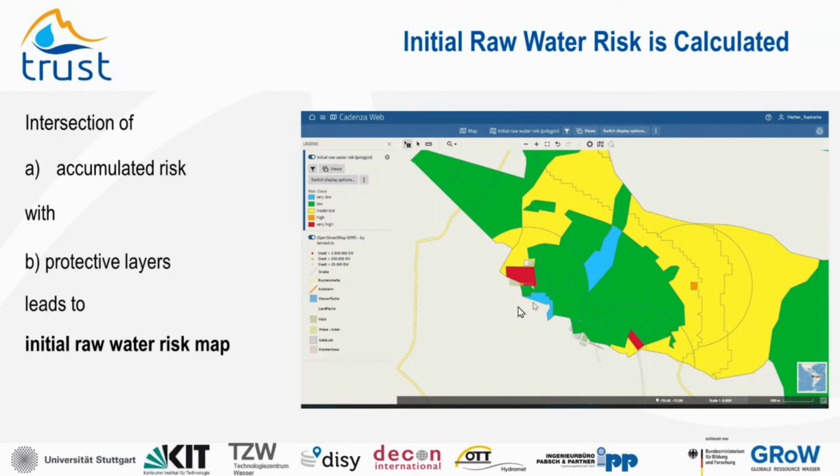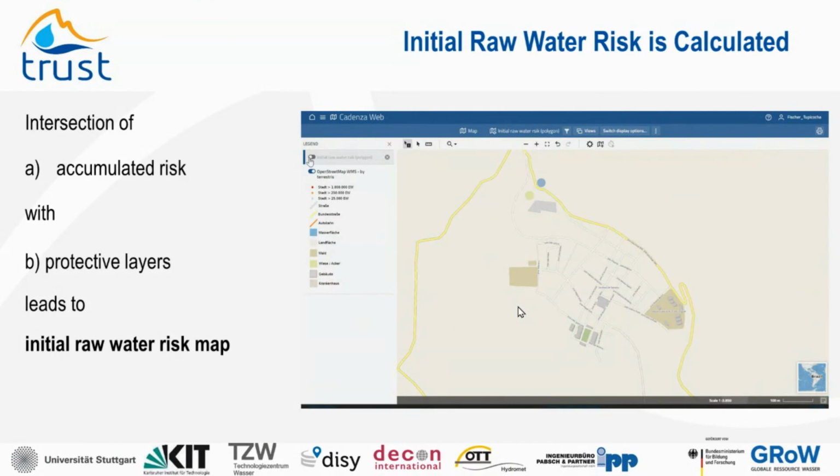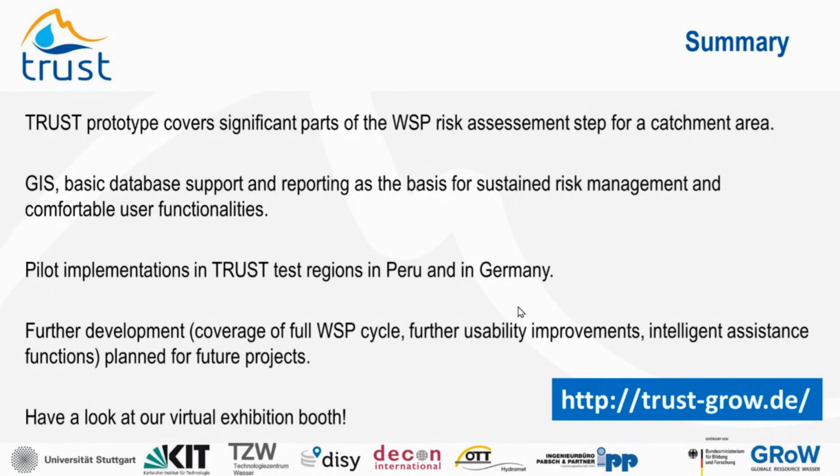And of course, if this is all in a GIS system, you can go into the details, check what's going on where and why, which places have a high risk identified and calculated, and from that point start with your measurement planning. So to sum up, the prototype that we have by now covers already significant parts of the risk assessment step at the level of the catchment area.